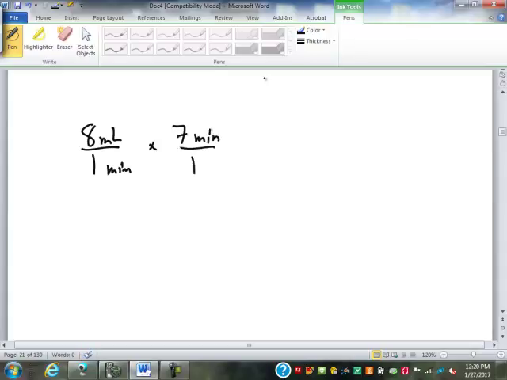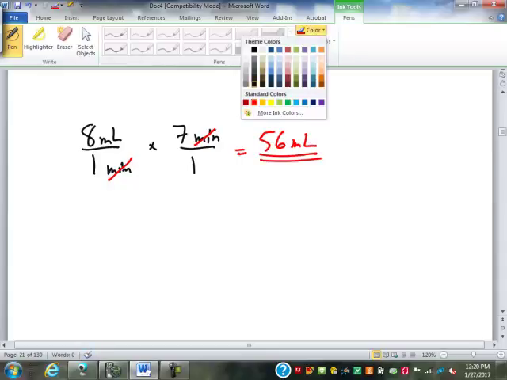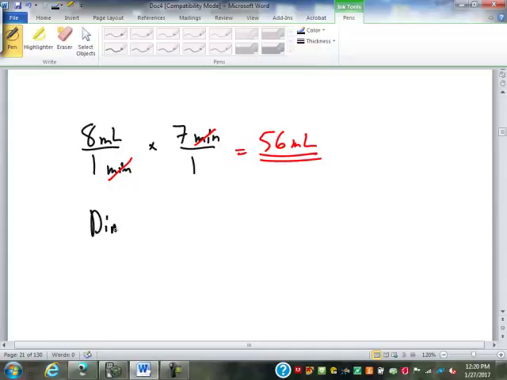If I make that 7 minutes into a fraction, we can treat our units just like any other numbers when we cross-cancel. We can cross-cancel the minutes. So now it's 8 milliliters times 7 is 56 milliliters. So the units within our fractions can work just like any other number. It's what we call dimensional analysis.